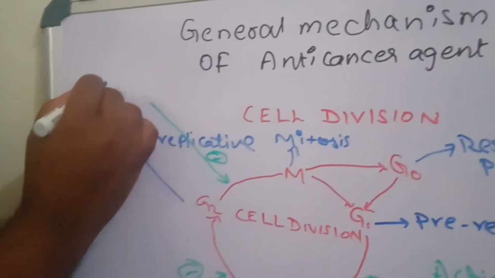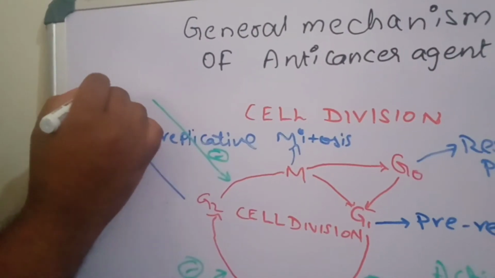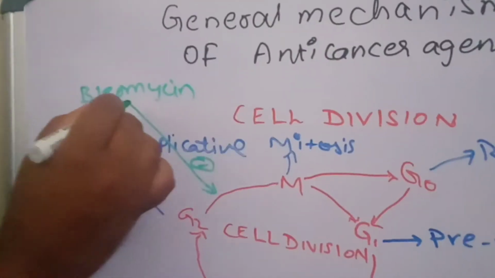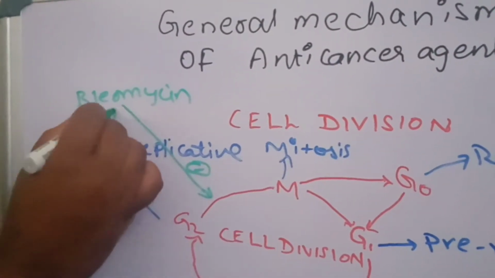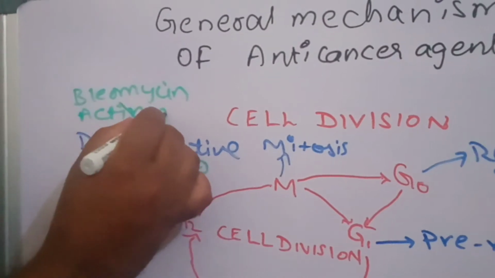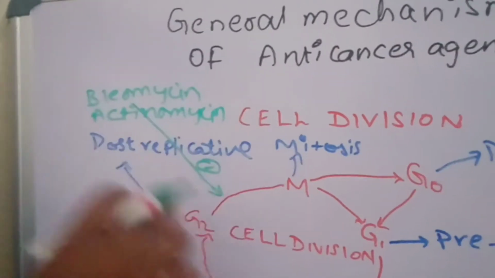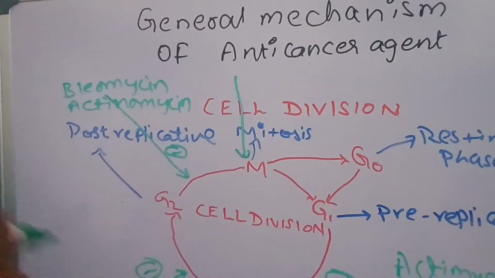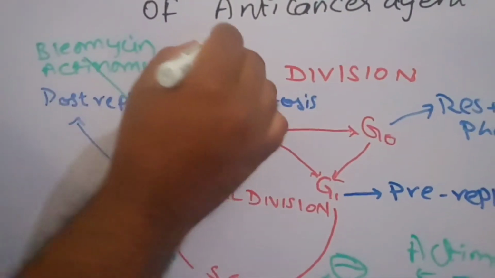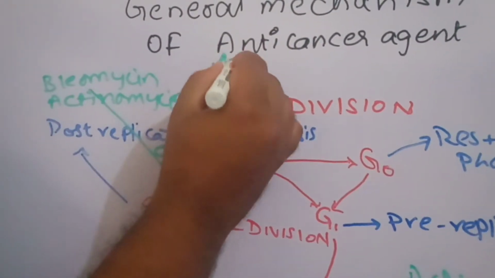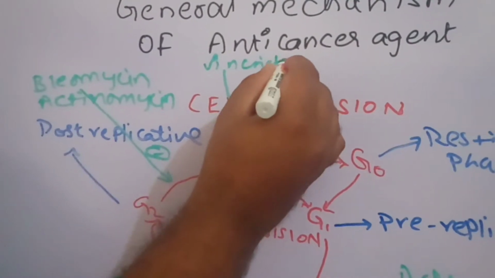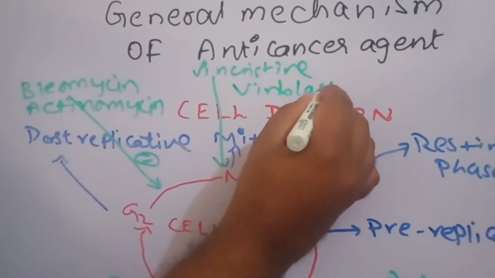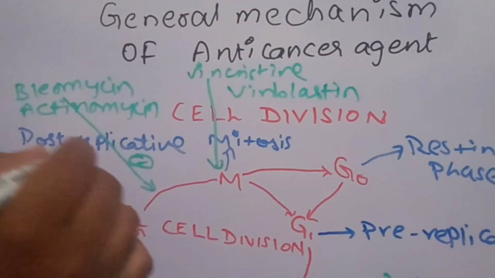Again here there is cyclophosphamide, bleomycin, an antibiotic, as well as actinomycin D. These are the drugs which act on the G2 phase. And what are the drugs which act on mitosis? Vinca alkaloids, vincristine and vinblastine, and taxanes, natural products such as paclitaxel. They act on microtubules.